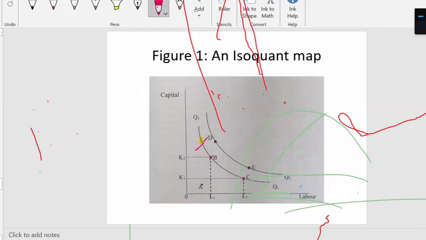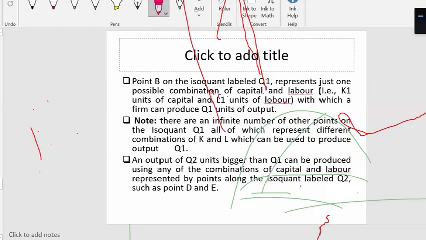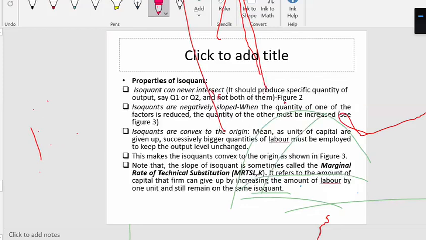This Q2 also is an iso-quantity curve showing different levels of production using a combination of two factor inputs, but the same level of output, which is Q2. So it is like that. Now, what are the properties of iso-quantity? Iso-quantity has three properties.